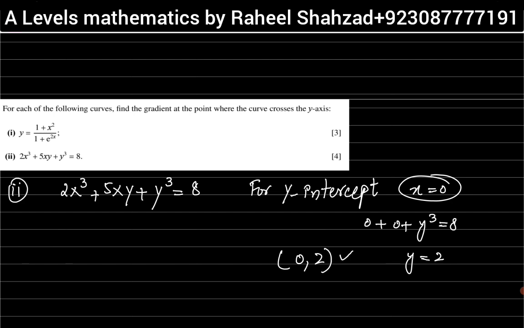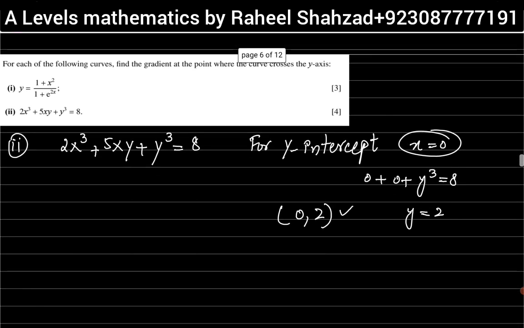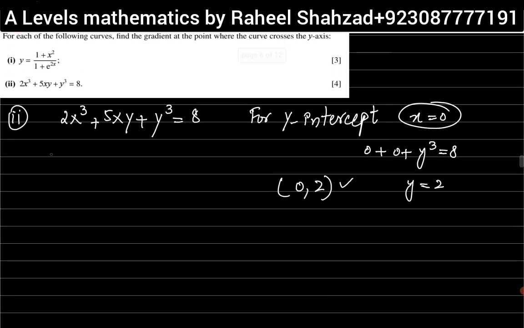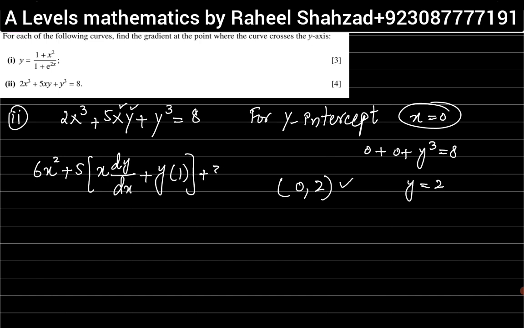Now we need to find derivative, we need to find gradient indeed. So its derivative is going to be 6x square plus 5, and for this xy we are going to use product rule now. So first function as it is, derivative of second dy by dx, plus second as it is, derivative of first, 1, plus 3y square dy by dx is equal to 0.